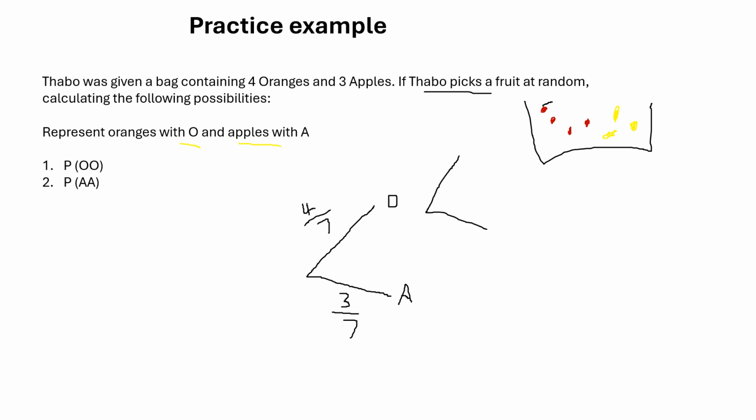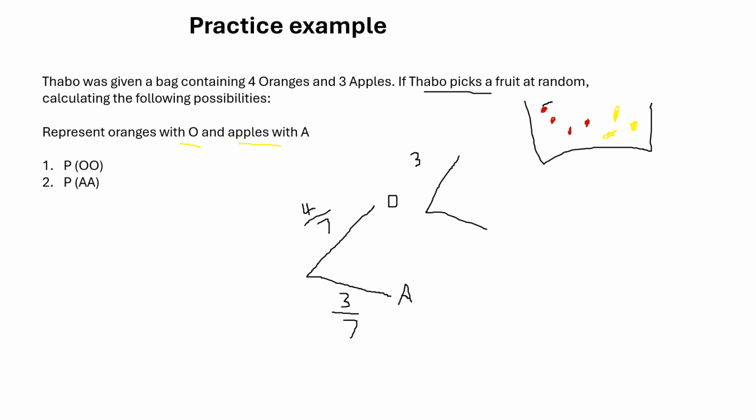Remember initially we had 4 oranges, meaning now we'll be left with how many oranges? 3, because he's taken out 1 orange from the bag. Maybe he ate it, or maybe he threw it away. So for practice sake, let's say he takes out the orange, then he holds it outside.